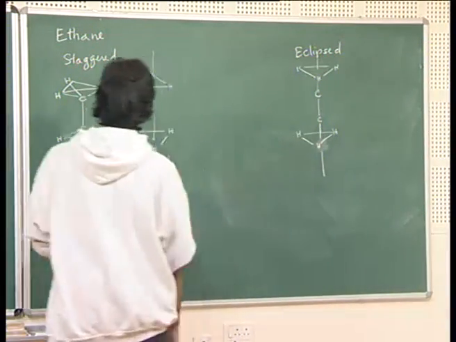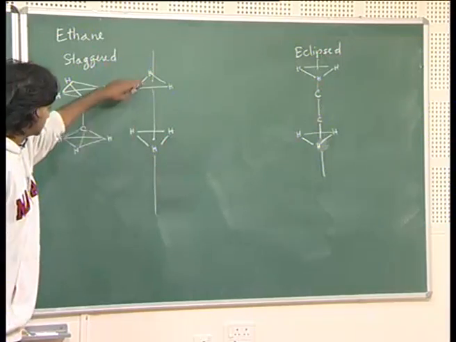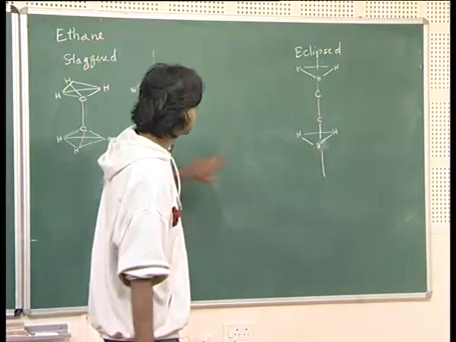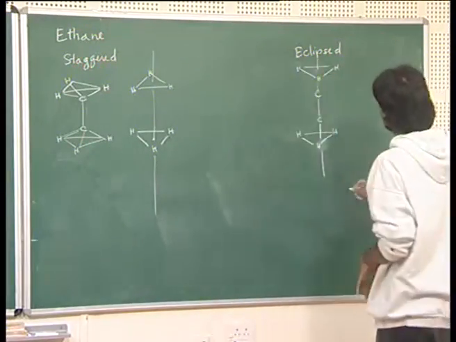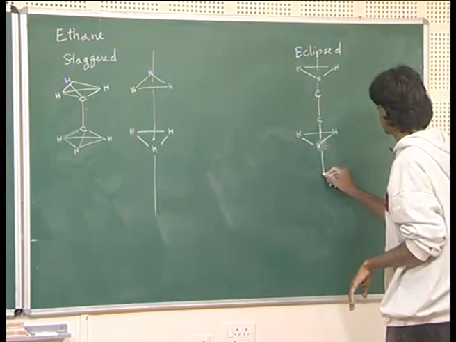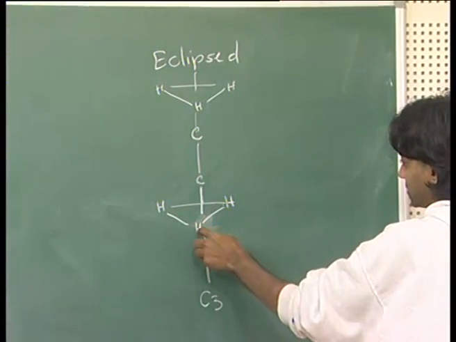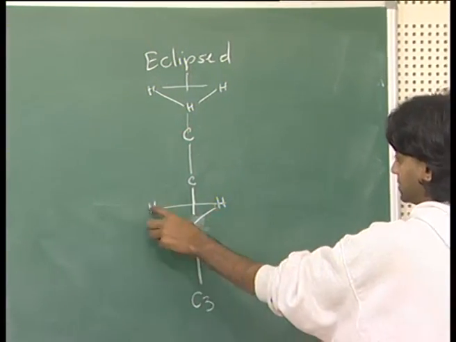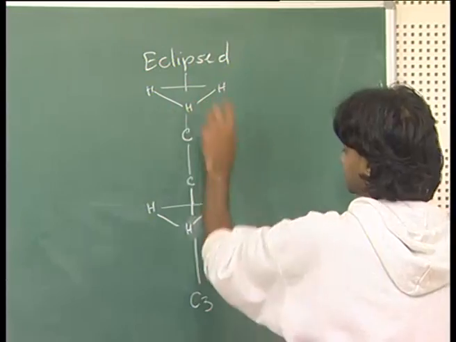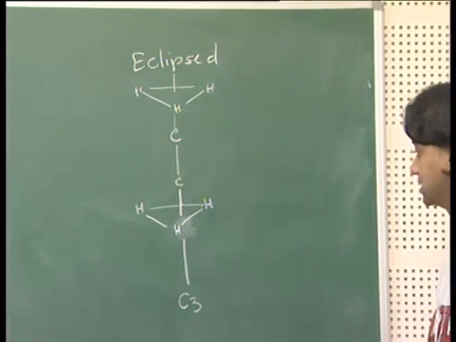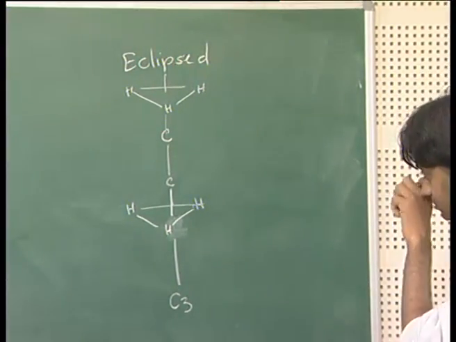Now notice, in the case of the eclipsed conformation, this axis is a C3 axis. Okay. So, if you rotate by 120 degrees, this H will come here, this H will go here, this H will come here, and these three H's will also rotate. So, it's a C3 axis. Okay.